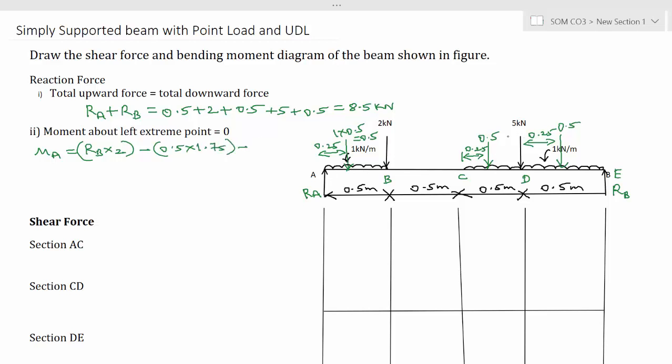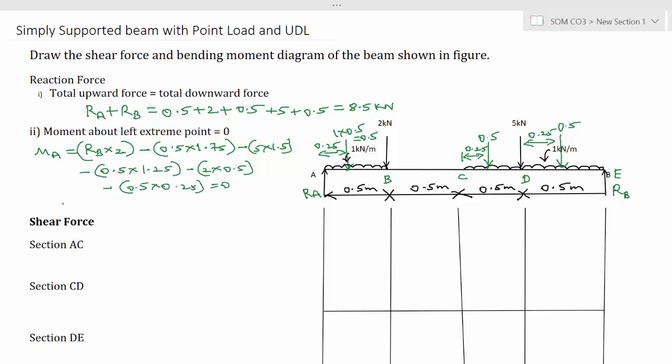Then minus this 5 kilonewton, so 5 into the distance 1 plus 0.5, it is 1.5. Then minus the 0.5 UDL, it is minus 0.5 into 1 plus 0.25, so it is 1.25. Then minus 2 kilonewton, so 2 into 0.5. Then minus 0.5 into 0.25. If you solve this equation, that is equal to 0.